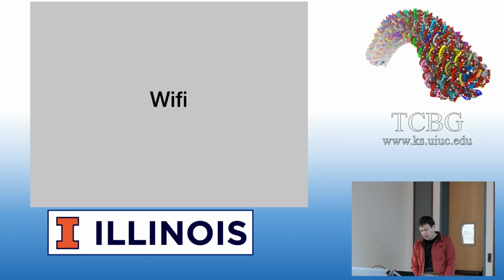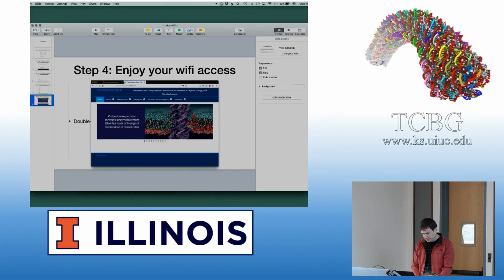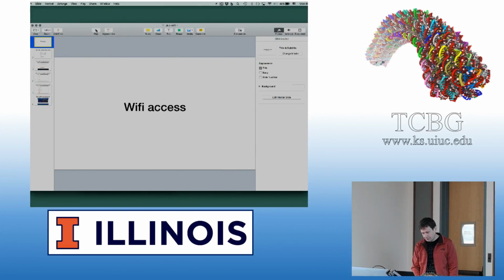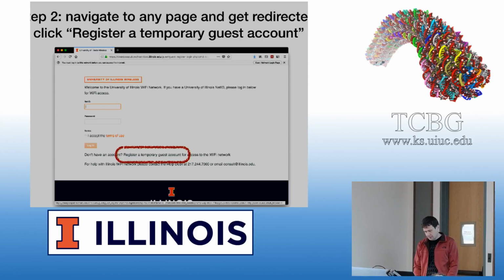Okay. So this is to remind you that you have Wi-Fi available here. Without Wi-Fi, it would be kind of difficult to do tutorials. Here's how it works. On your computer, you connect to Illinois Net Guest, and then you need to register.